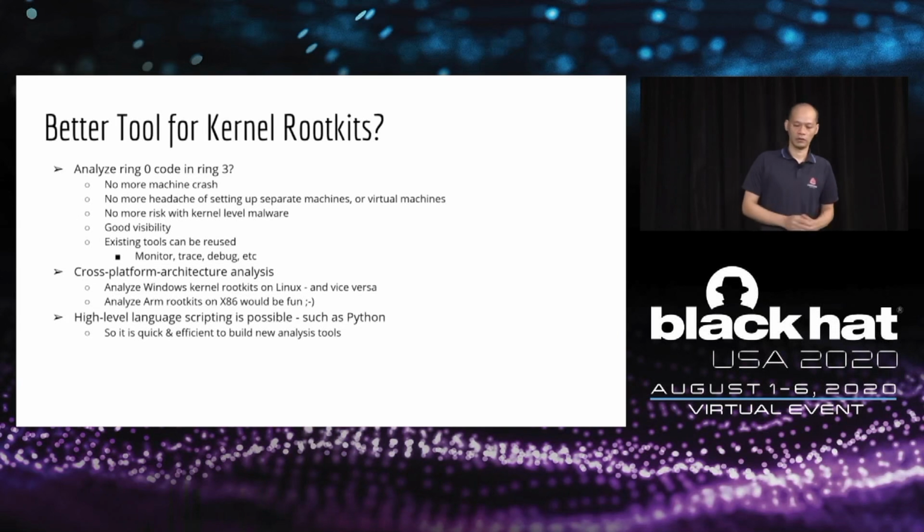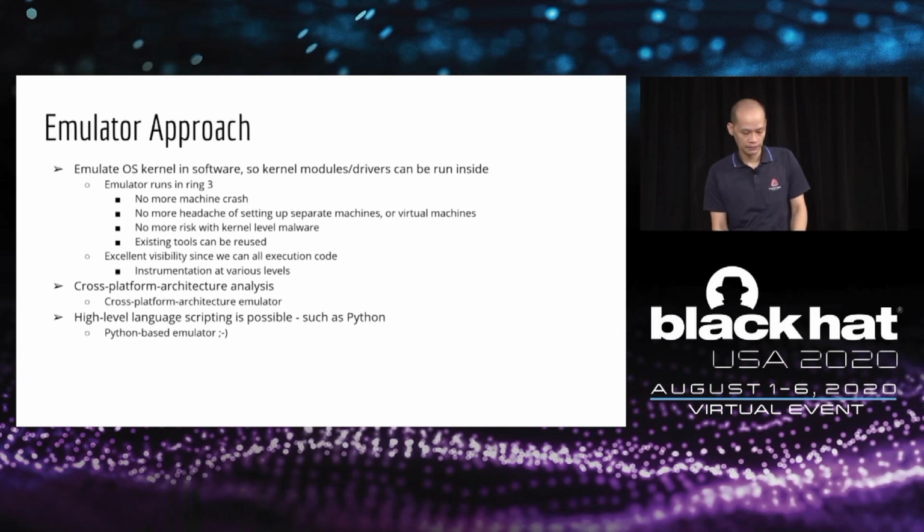So we considered many approaches, and we chose the emulator approach. So the idea is that we want to emulate the OS kernel in software. So we can run kernel drivers, kernel rootkits in emulator mode in the emulators.